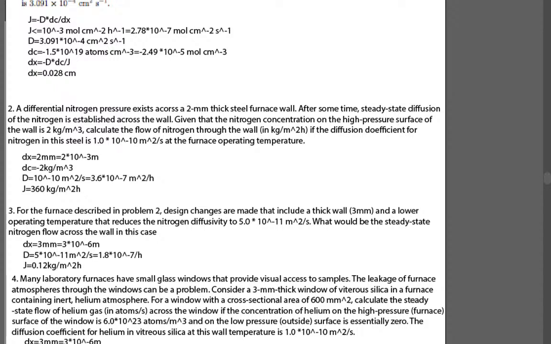Let me just recheck this. 3.6 times 10 to the power of negative 7 here. Multiply that by the DC, which is 2. Divide it by the dx, which is 2 times 10 to the power of negative 3. It's 3.6 times 10 to the power of negative 4. So yeah, it's much smaller.